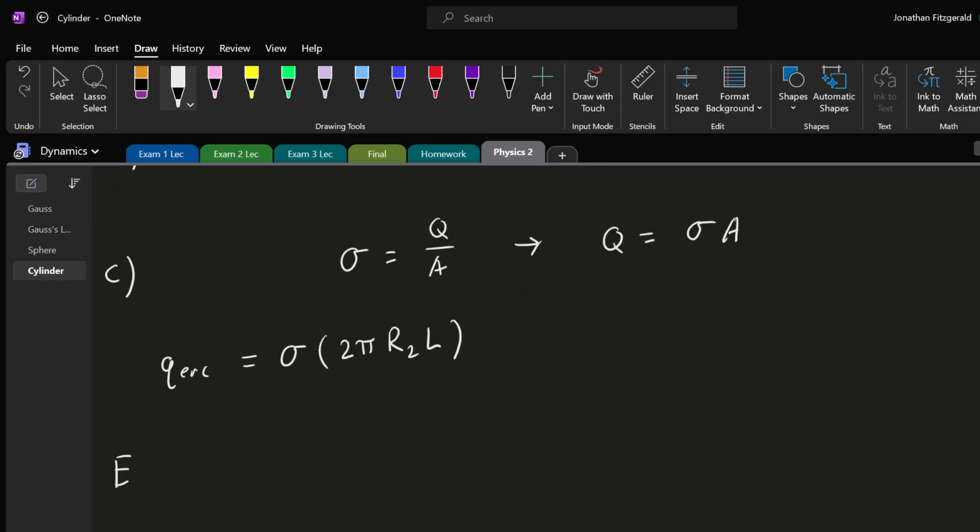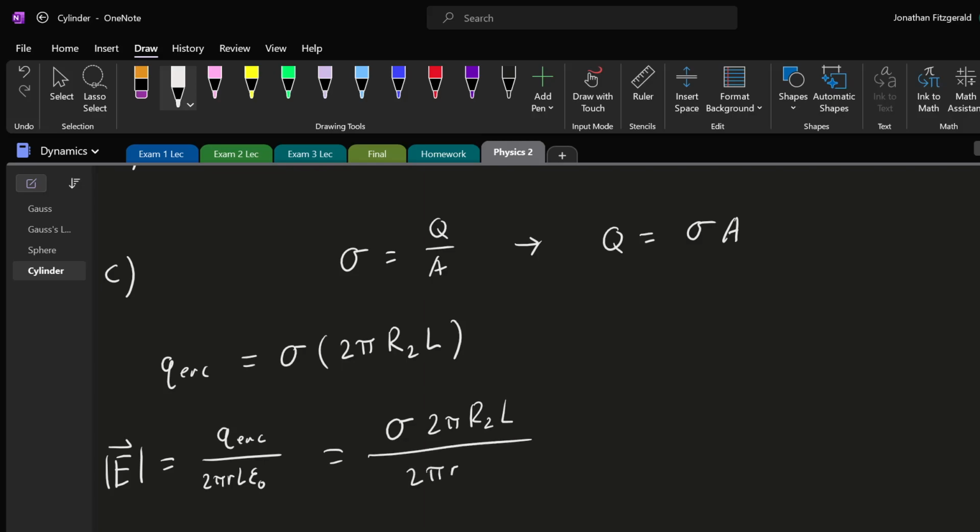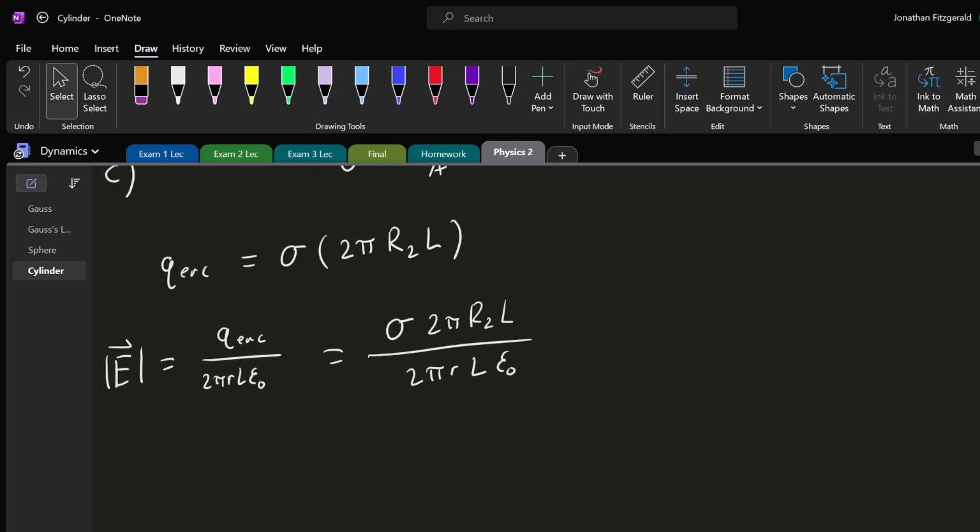Now we plug that into our formula. Q enclosed over epsilon naught, which in this case is sigma 2 pi R2 L over 2 pi r L epsilon naught. Now we can see this stuff is going to cancel.